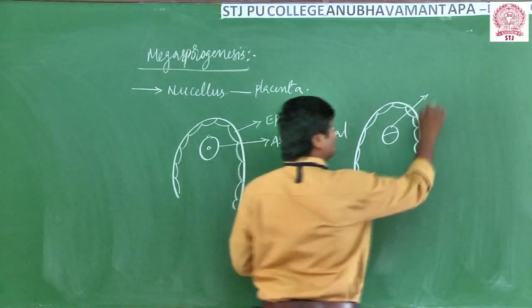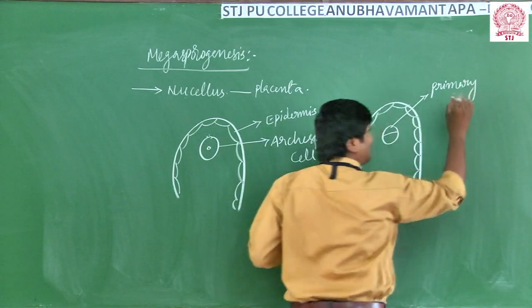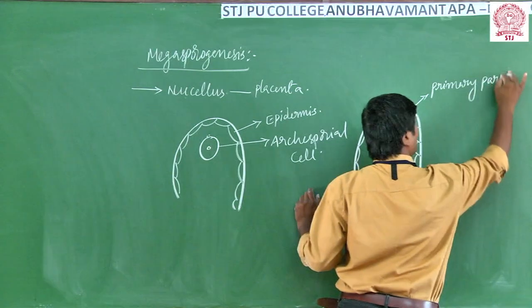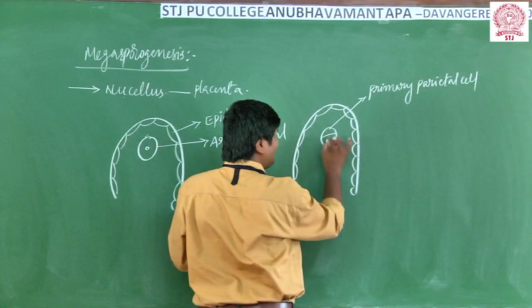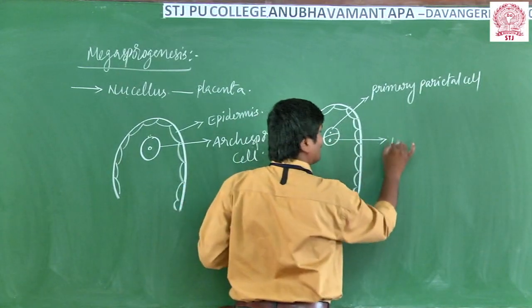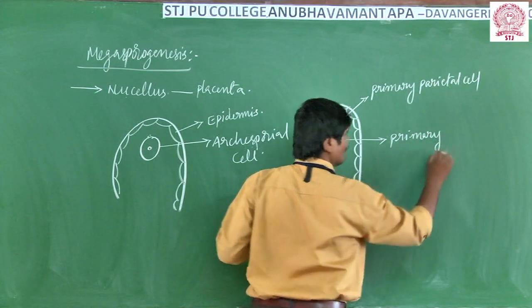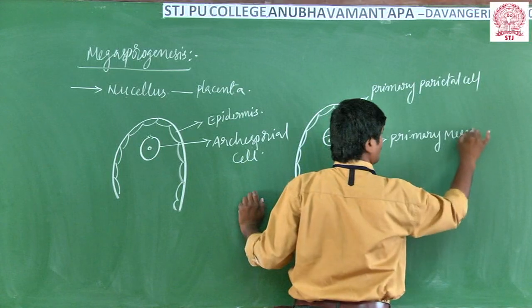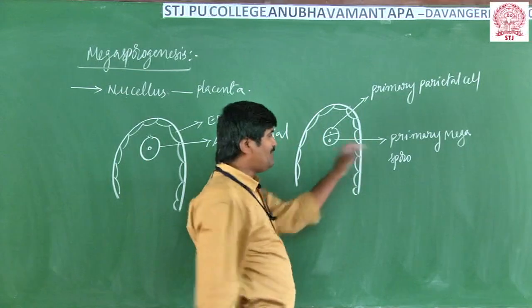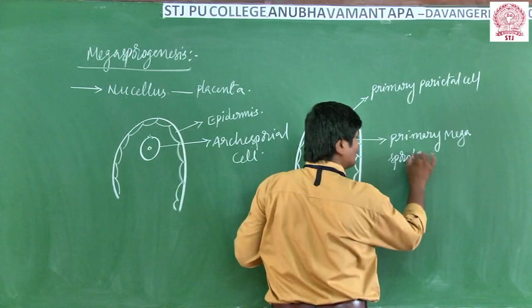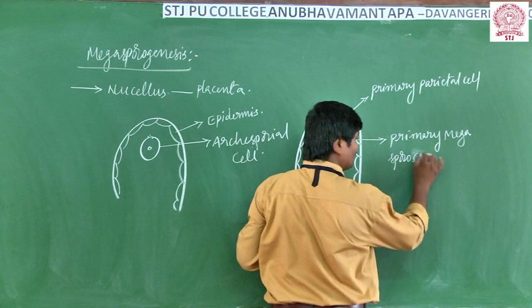The upper cell is known as the primary parietal cell, and the lower cell is known as the primary sporogenous tissue or primary megaspore cell.